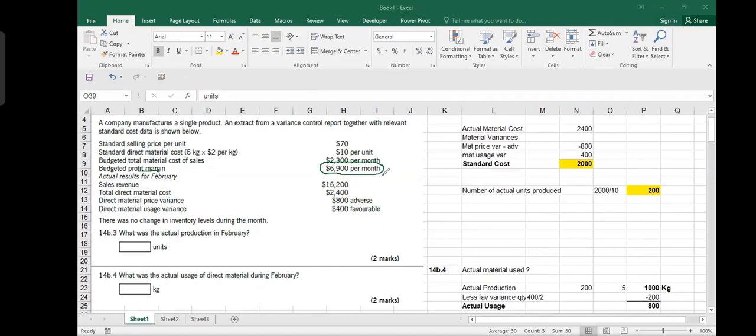You are assuming 6,900 for 230 units, because you said that I will produce 230 units, and from 230 I make 6,900 profit. So what is the profit per unit? 6,900 divided by 230. So this 0 is gone, and 23 is 30. So my profit margin from one unit is $30.